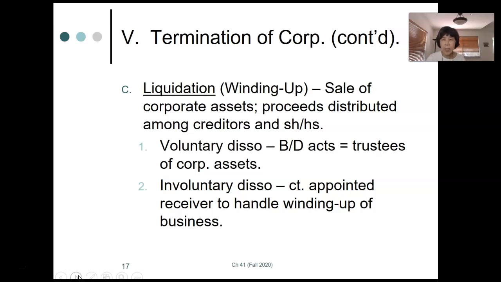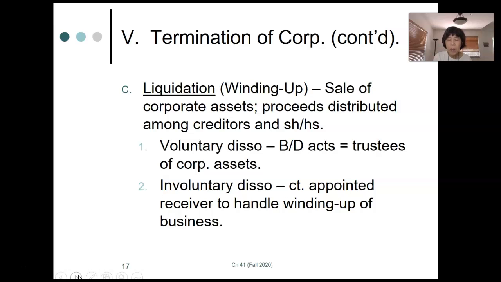When you have an involuntary dissolution, we change that process a little bit. Instead of letting the board act as trustees, the court will oversee it. And the court oversees the dissolution, the winding up, all right, by appointing a receiver. And a receiver is just an officer of the court, an appointed office by the court, all right? There's a person who is like an administrator or a manager.